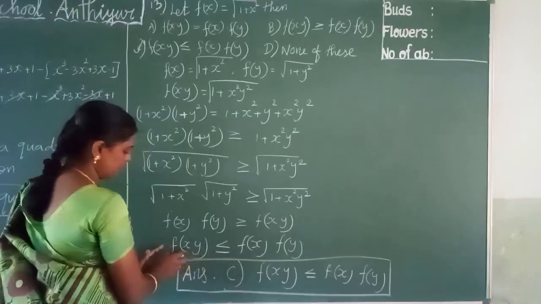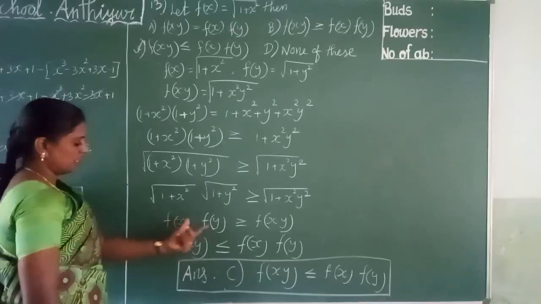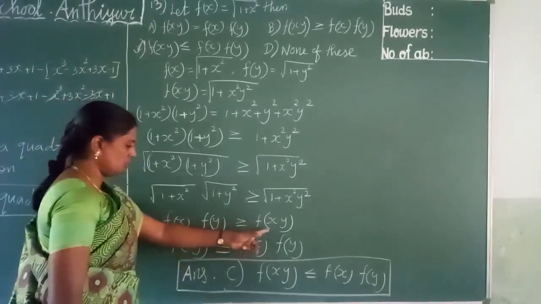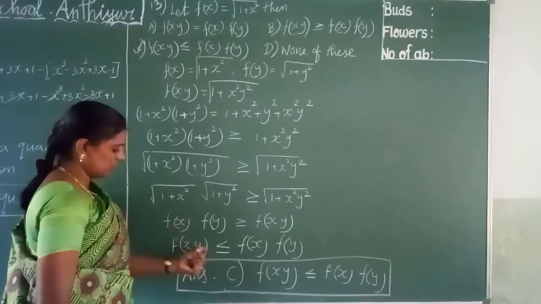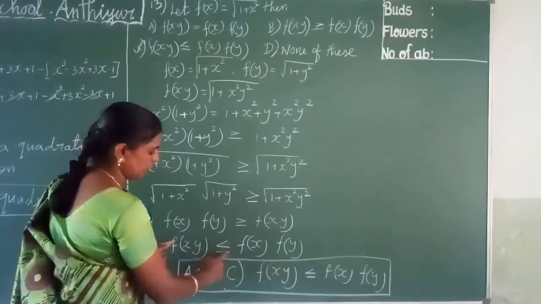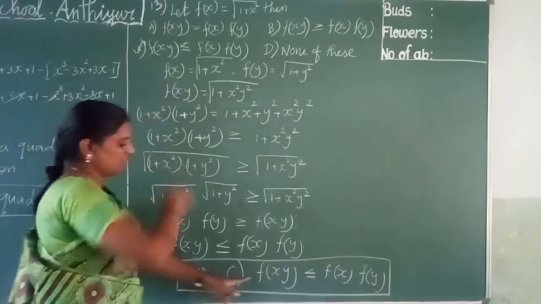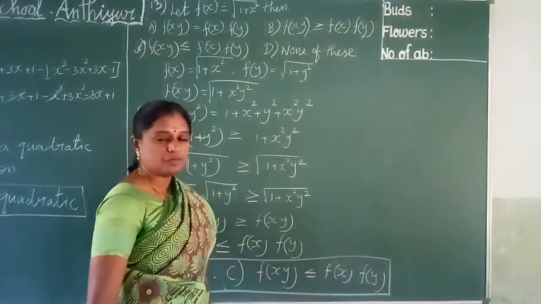So this can be written as f of xy less than or equal to f of x into f of y. So which option? C option. f of xy less than or equal to f of x into f of y.